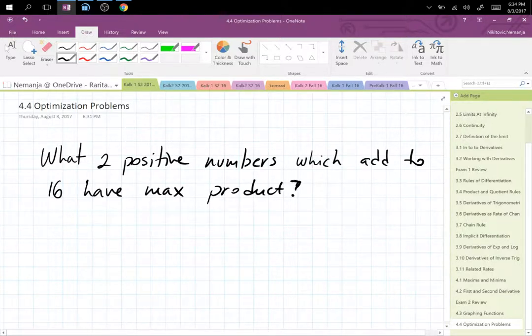Come on. 8. So yeah, you can guess, right? You can guess this question.